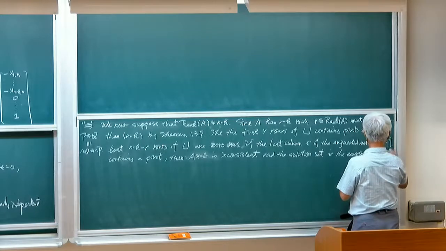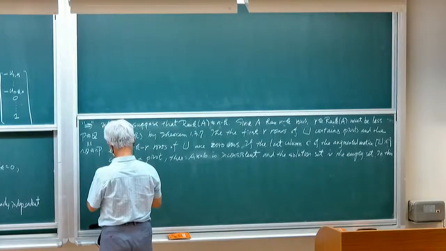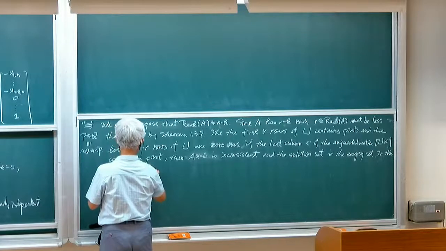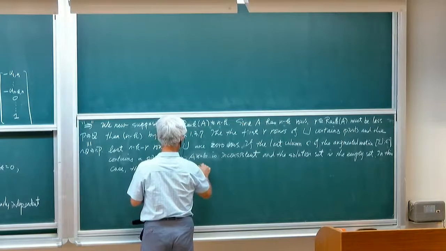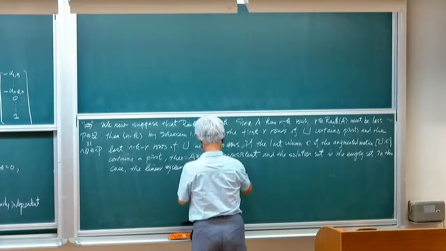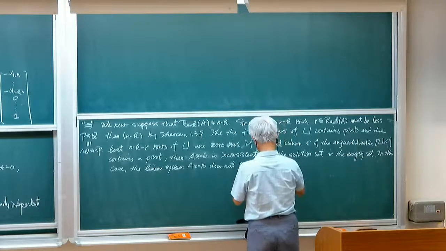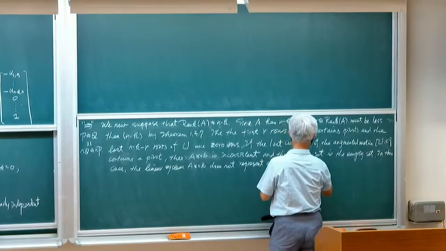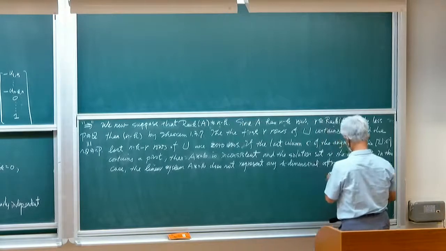So in this case, the linear system AX equal to B does not represent any k-dimensional affine space.